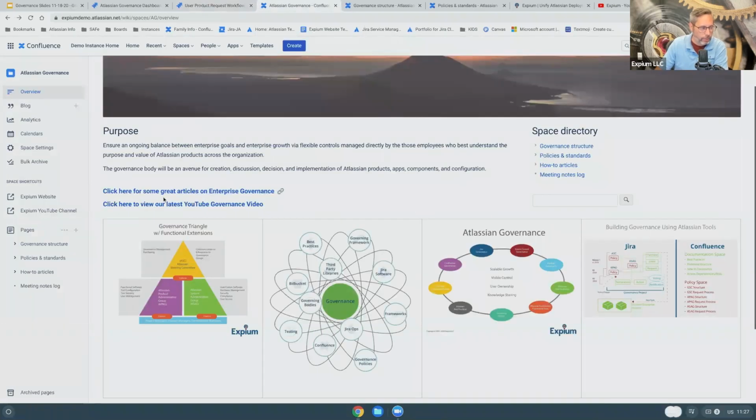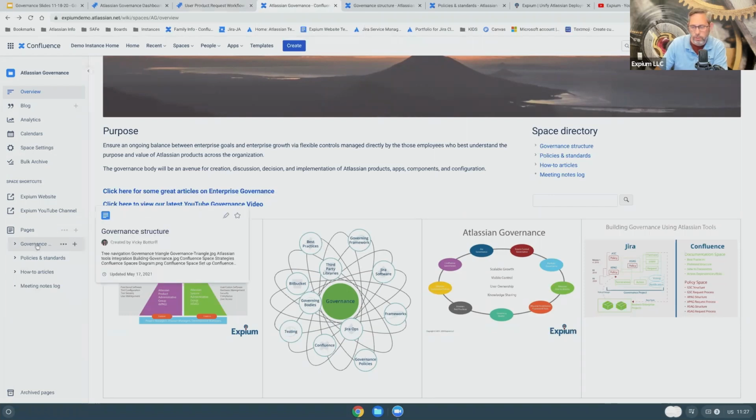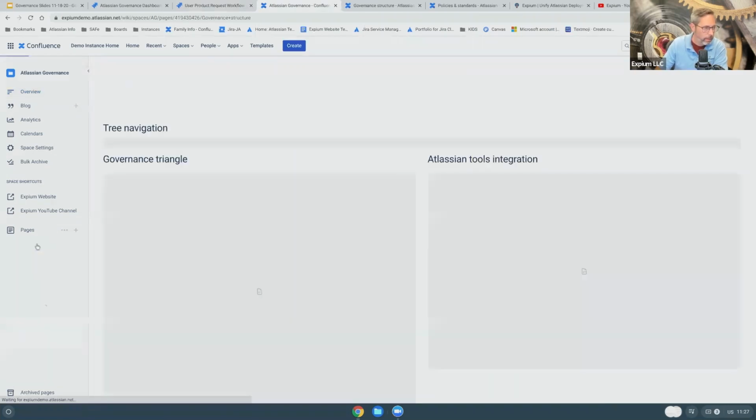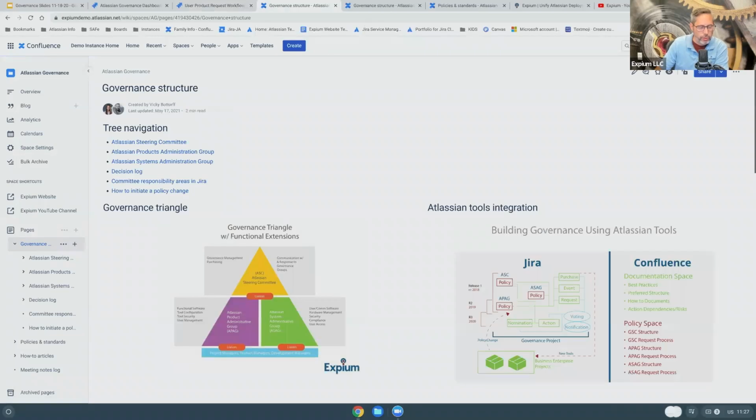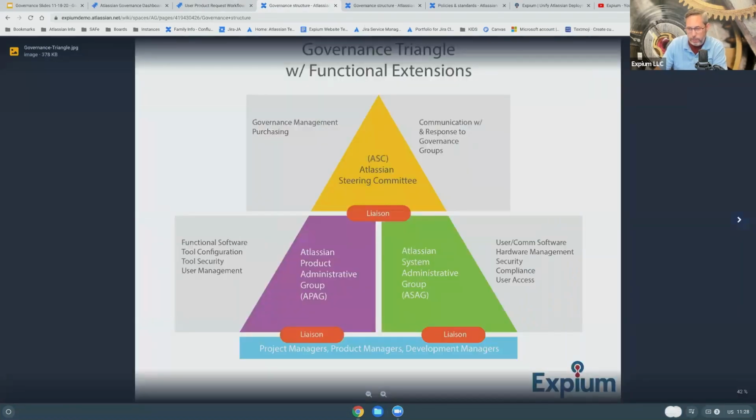Let me dig down a little bit further into some of these pillars that we talked about. First of all, you're going to need a governance structure. Your governance structure is who is building out the governance, making the decisions, and having the conversations around governance. We like to use this model here. You can build your own model or expand off of this one.